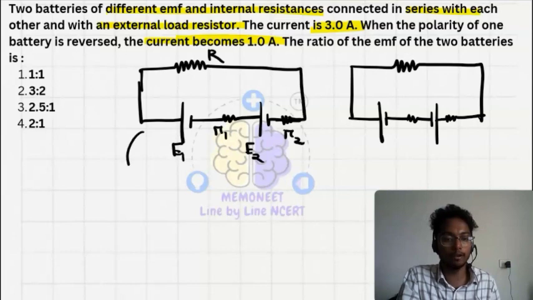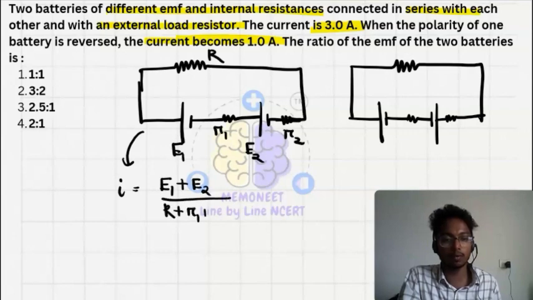So for the first circuit, we have I1 is equal to E1 plus E2 upon R plus R1 plus R2.